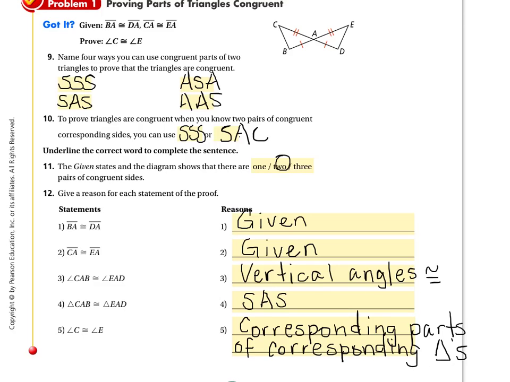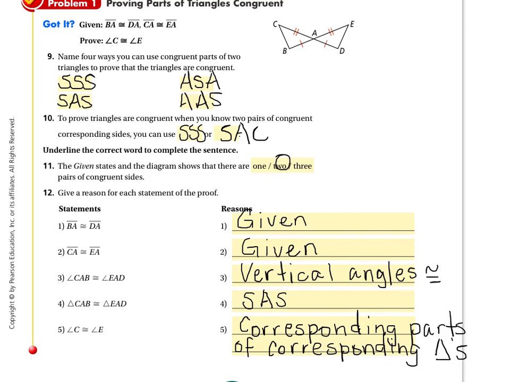Since we have a pair of angles and a pair of sides, we can use our side-angle-side theorem, and that proves those triangles are congruent. And since those are congruent triangles, we know that these 2 angles are congruent because they're corresponding parts of congruent triangles.